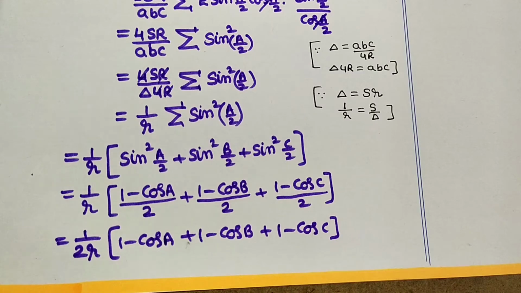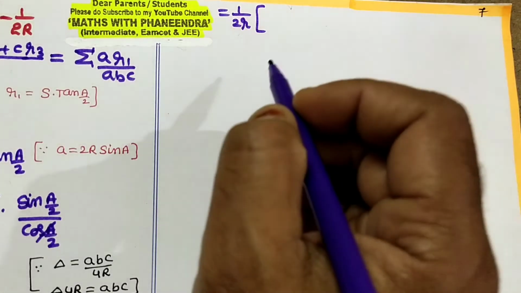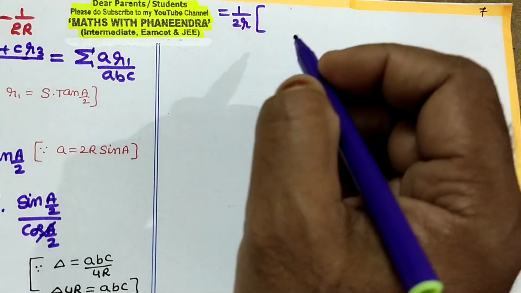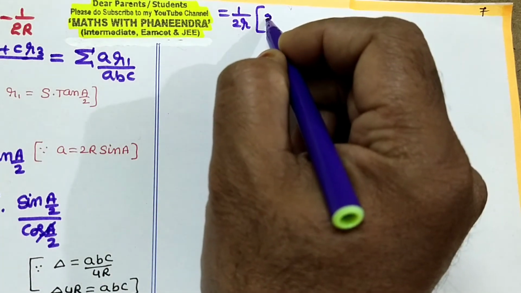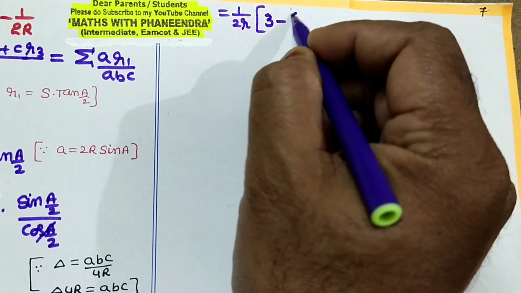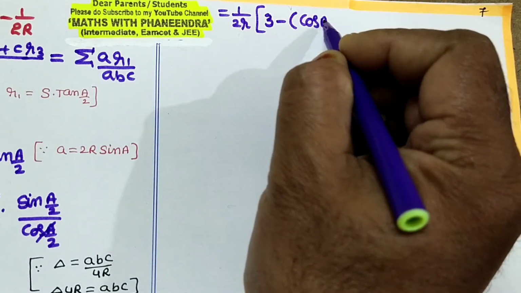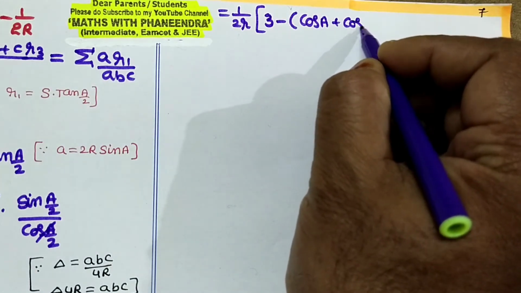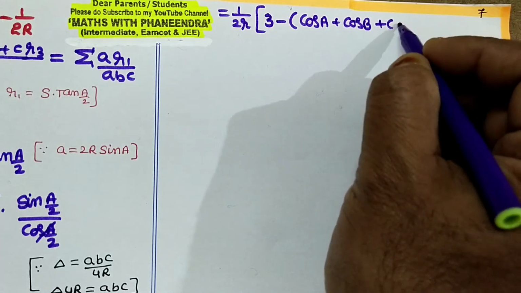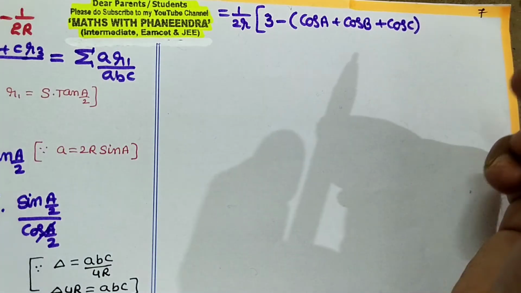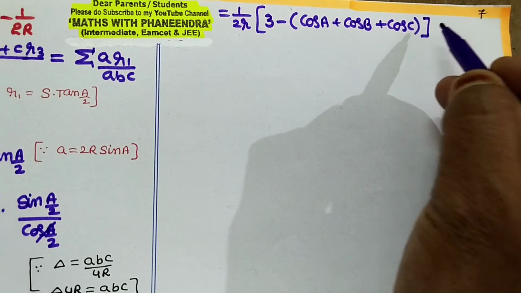We will write it here: 1 by 2r into 1 plus 1 plus 1 is 3, minus, take common, and we will get cos A plus cos B plus cos C, keep bracket.